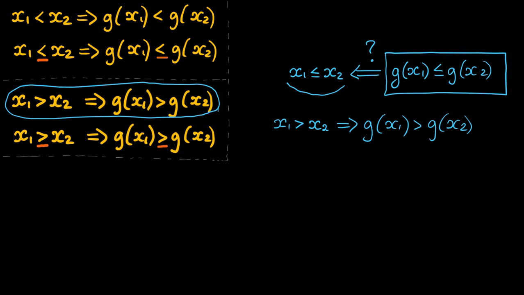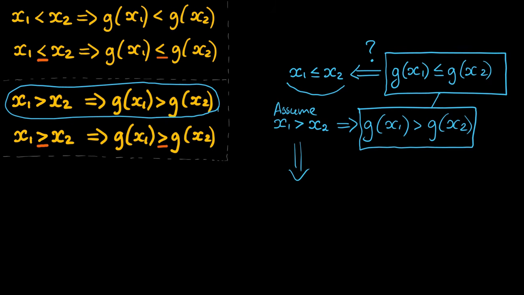Then we see that we have reached a contradiction, because g of x1 cannot be at the same time greater than g of x2 and less than or equal than g of x2. Therefore, what we assumed must be incorrect, right? We assumed that x1 is greater than x2.